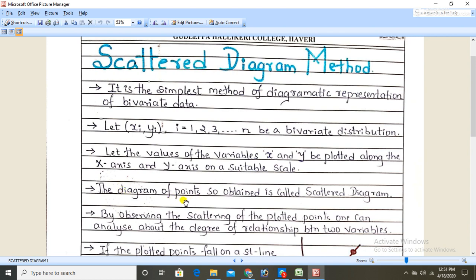The diagram of points obtained by plotting the values of x and y on a suitable scale is called a scattered diagram.